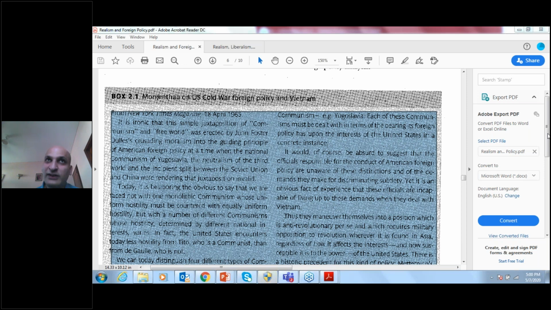So to answer this question, you have asked a complex question. You will have to do the reading. The short answer is that realism requires you to look at a situation. You can even look at a situation in domestic Indian politics, for example.